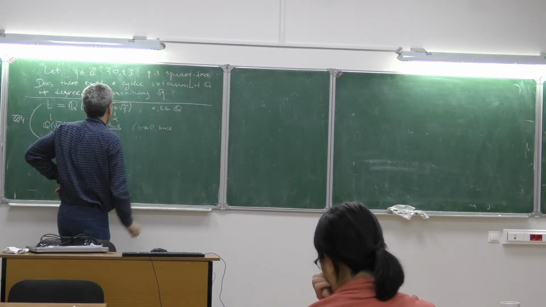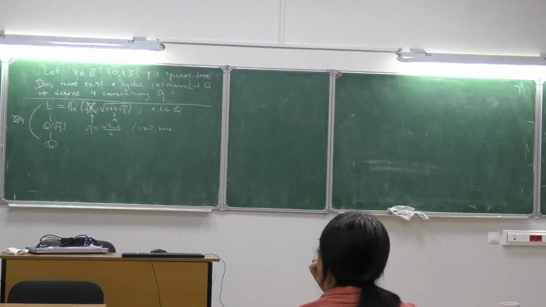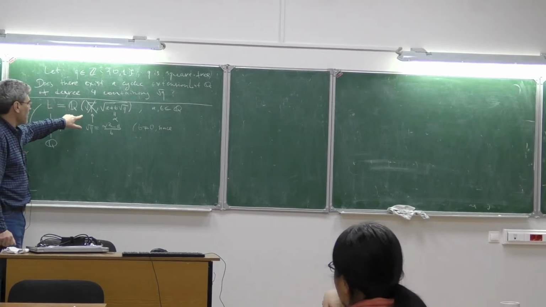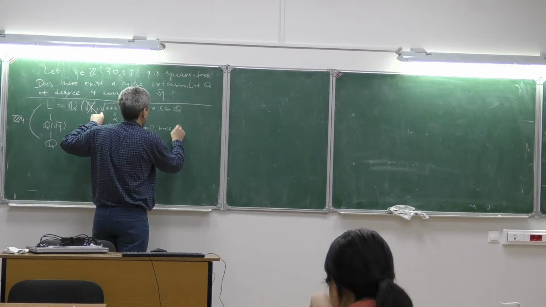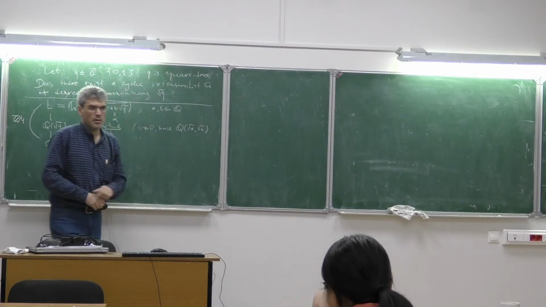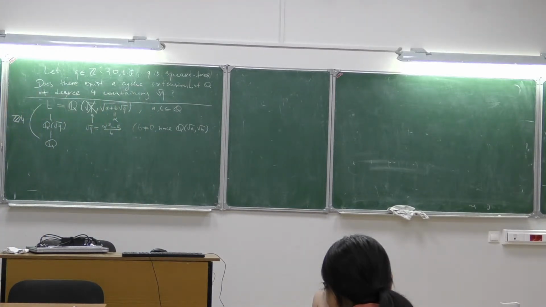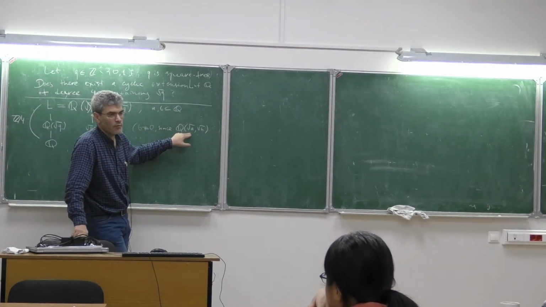Because otherwise, if b is zero, then the Galois group of this field is of period 2.